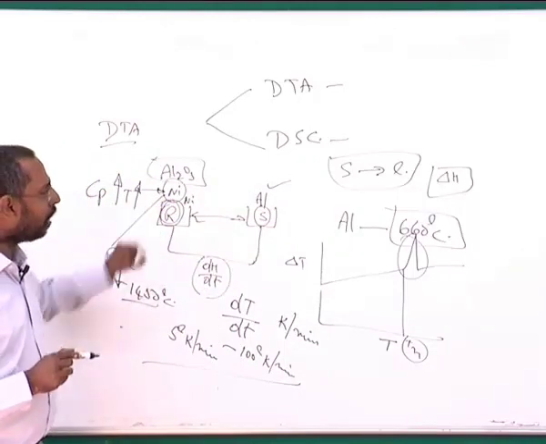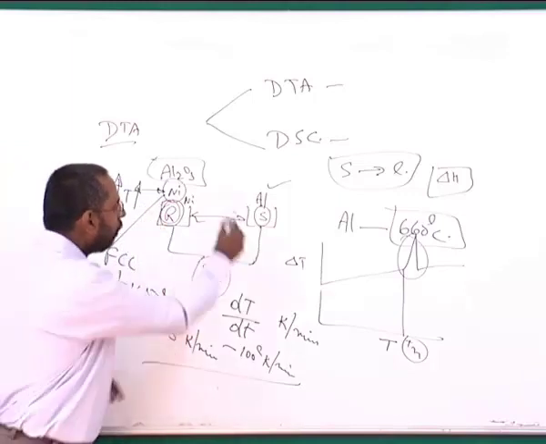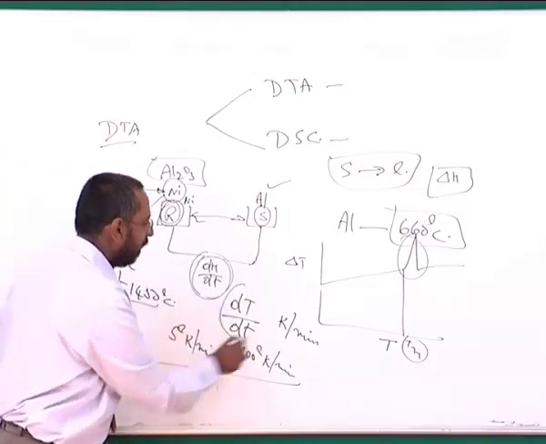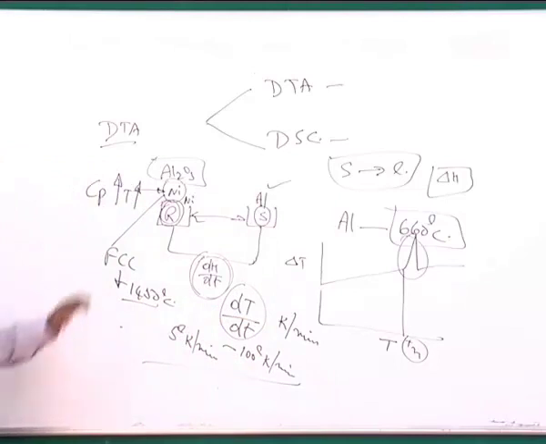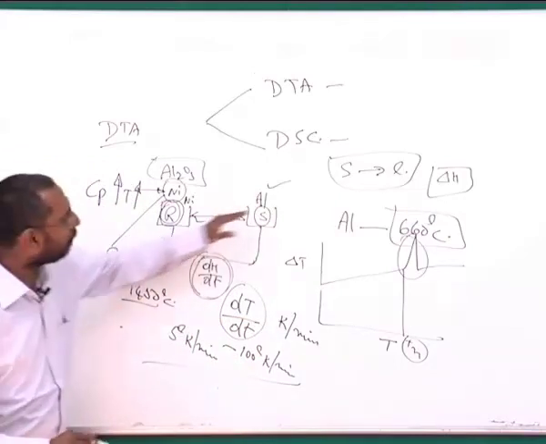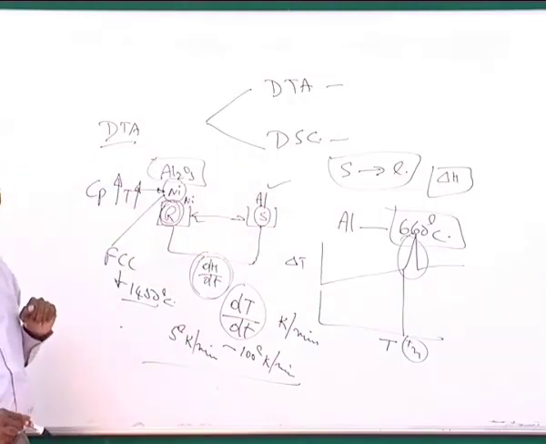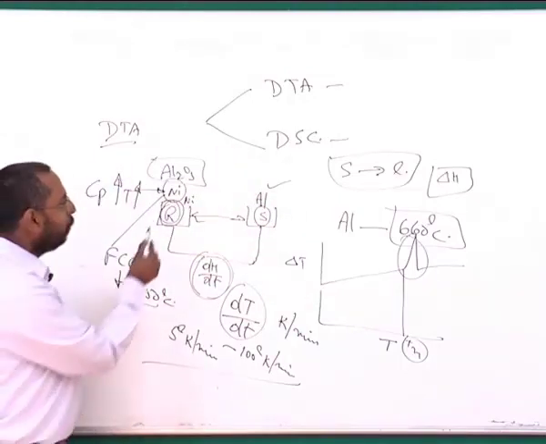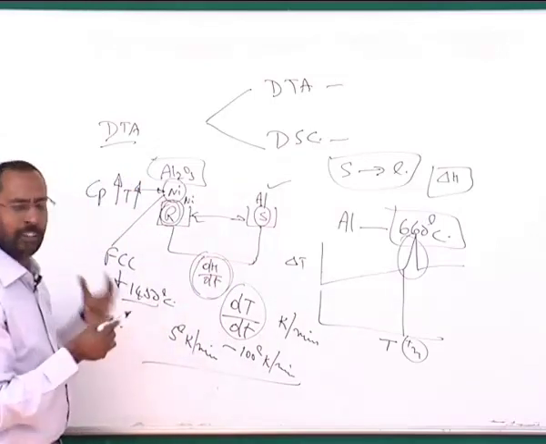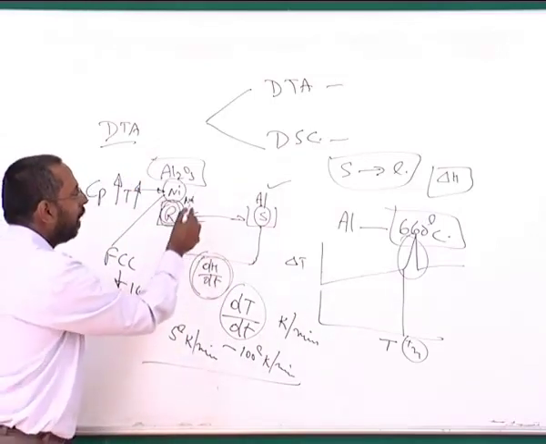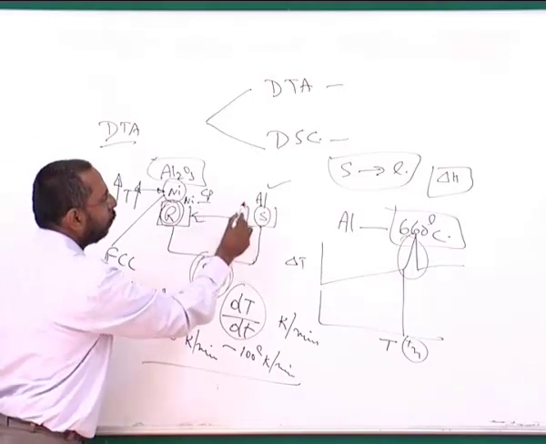When I use that as a reference and heat both of them at a fixed heating rate, both of them start getting heated up at some particular rate, and usually both of them will maintain the same temperature, excepting for some small differences coming because of the CP difference between the two samples.